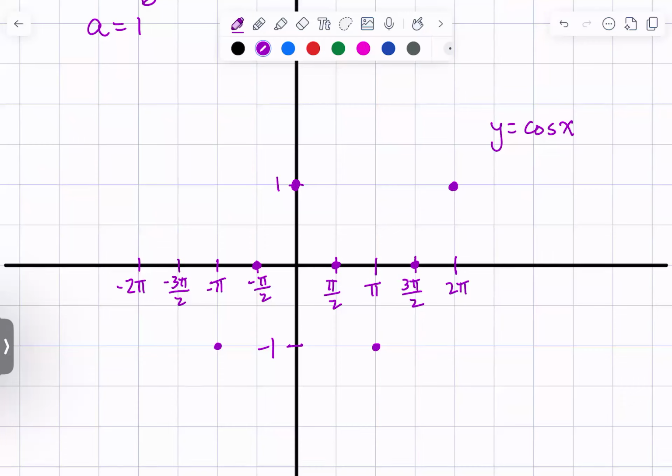Cosine of negative 3 pi over 2 is the same thing as cosine of pi over 2, which is at 0. Cosine of negative 2 pi is the same thing as cosine of 2 pi, which is at 1. Okay? And here, class, we can see that it's an even function.